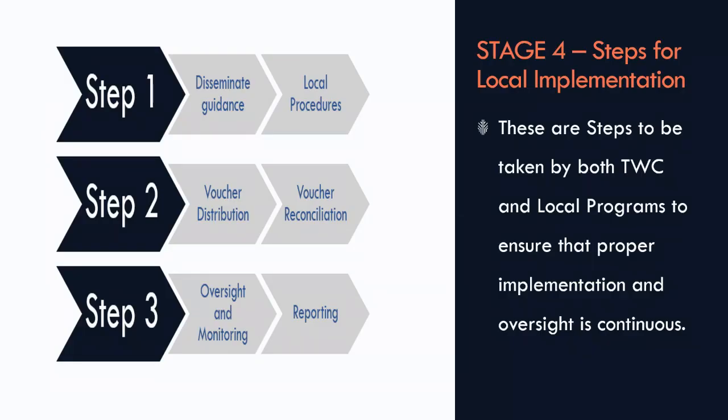And these are really steps that are taken by both us at the TWC level, but also things that are going to be happening at the local level, which is why we're trying to get this messaging out there. So the step 1 is dissemination of guidance. That's on us. We are in the throes of developing an AEL letter.